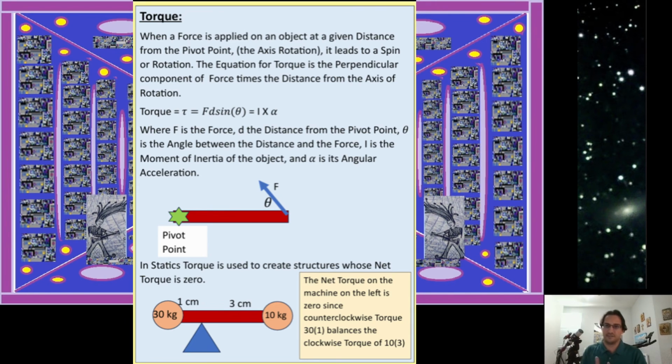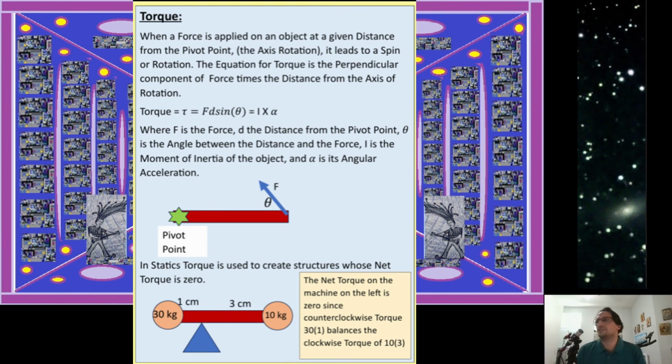Theta is the angle between the force and the distance from the pivot. In this case, the pivot is towards the left, so the angle is between the force applied and the distance from the pivot. If theta is 90, the greatest amount of torque is applied to the object as it rotates.